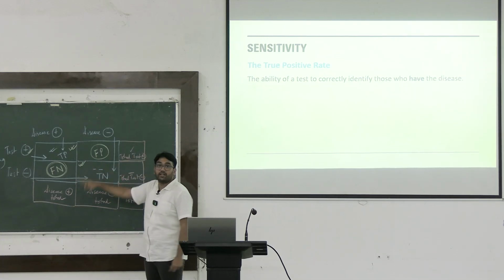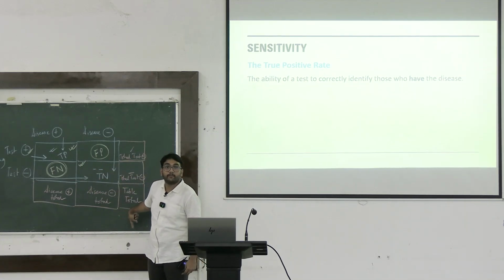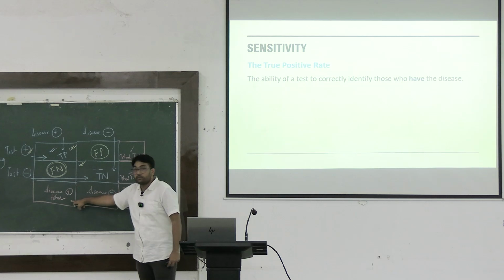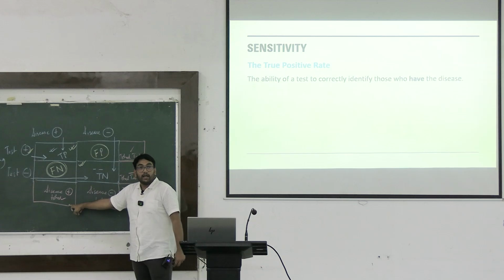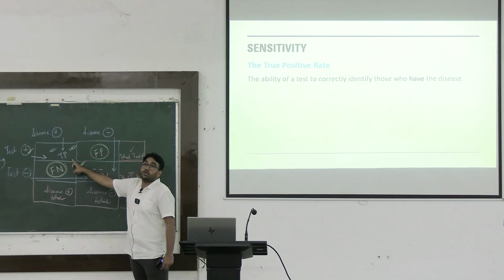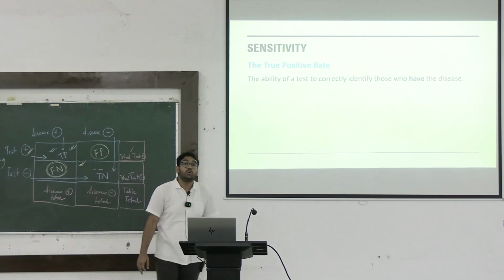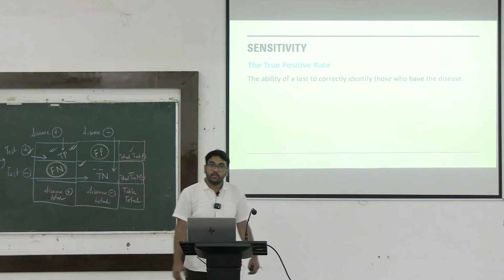All of those who have the disease are here, the total of people who have the disease, and the screening test is correctly able to identify the true positives, isn't it?